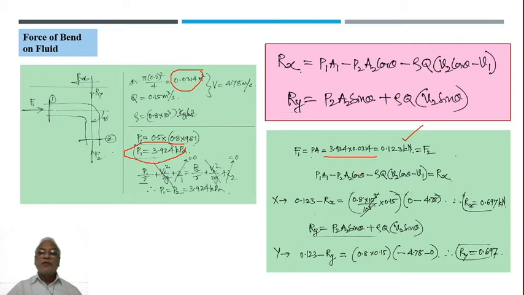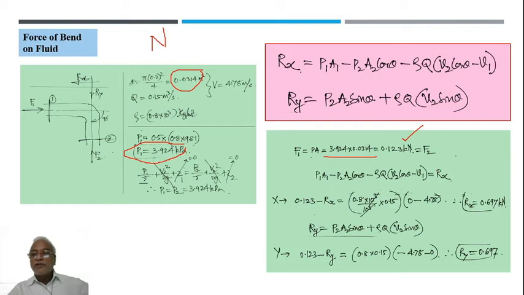Okay, now we'll apply the equation P1A1 minus P2A2 minus rho Q (V2 cos theta minus V1) is equal to Rx. Now in x direction, this value P1A1 has become 0.123. It is in kilonewton. So this is one more piece of information I want to give you: better you use all newtons only rather than kilonewton, otherwise it will be a bit confusing, right? Anyway, here I have substituted because it is in kilonewtons.